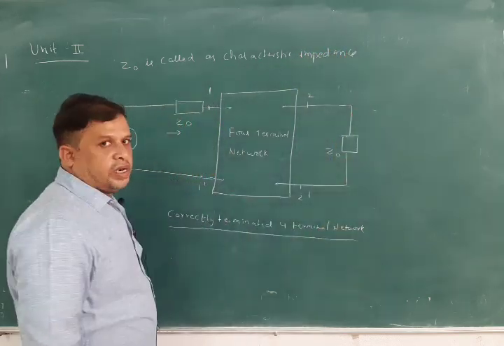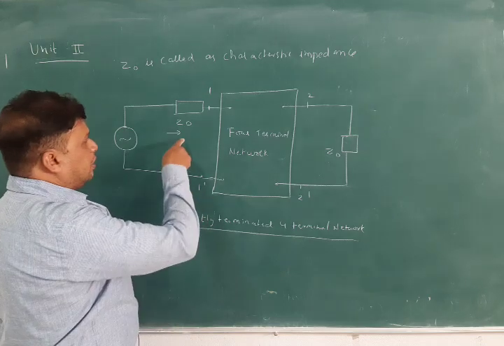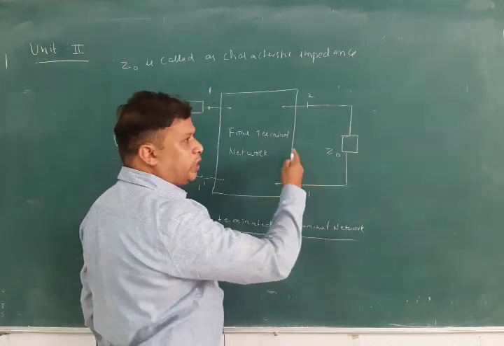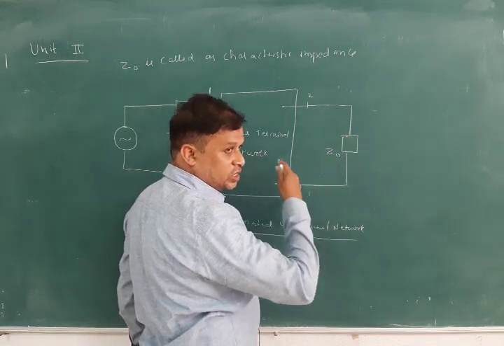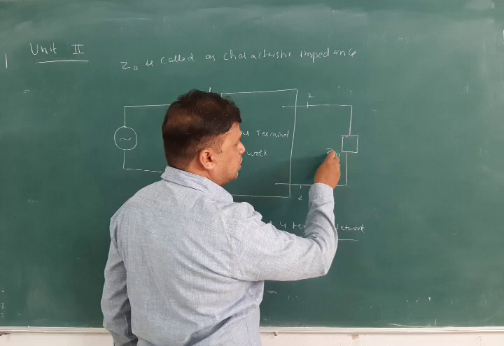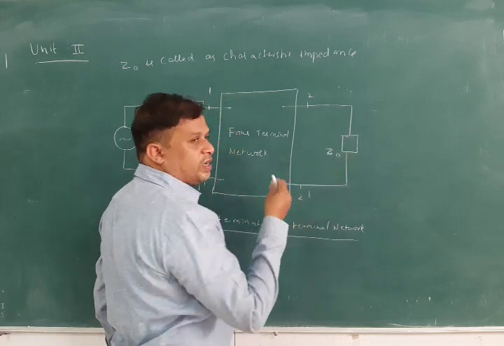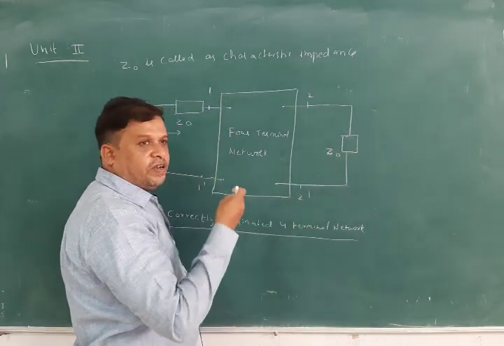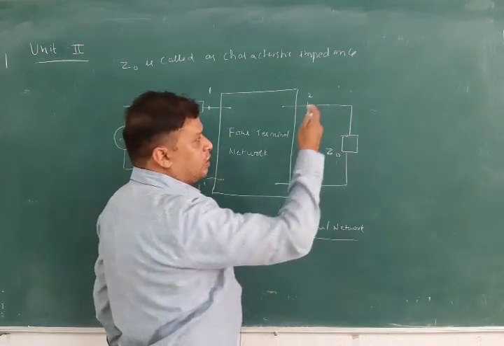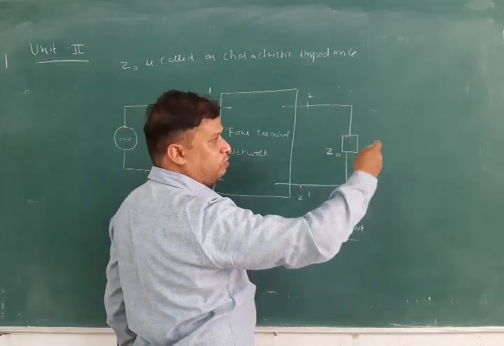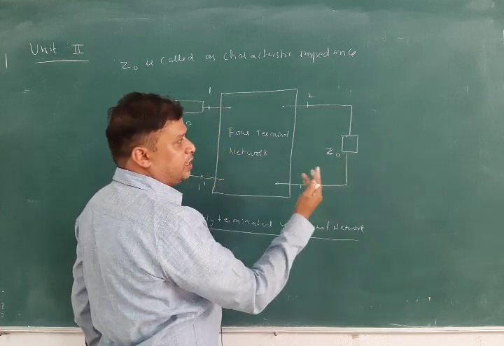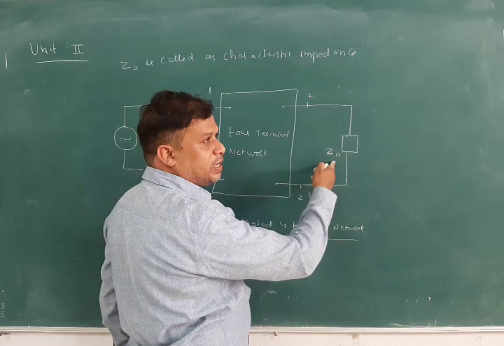Now you can understand that here Z0 was the input impedance, and after removing all this chain of networks, the impedance that was represented was Z0. Why? Because we were disconnecting each and every network, and still the input impedance was Z0, and therefore up to infinity, this characteristic impedance remains the same.